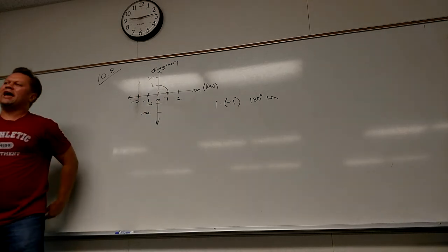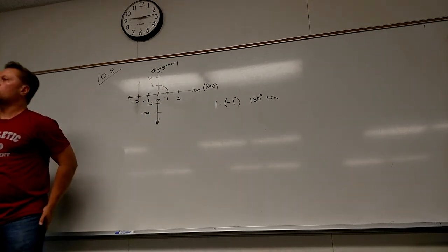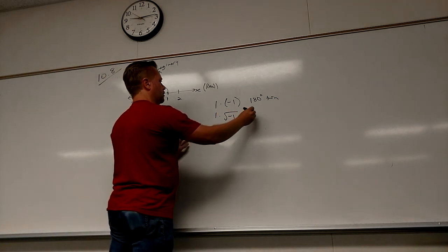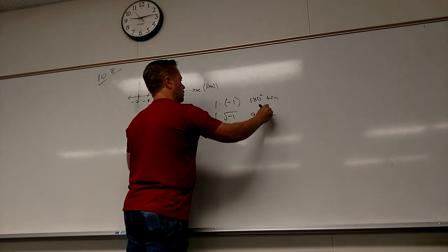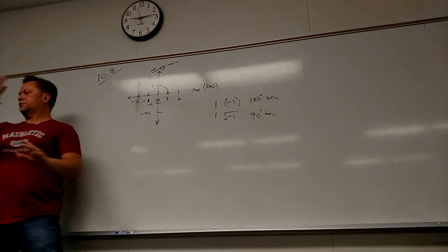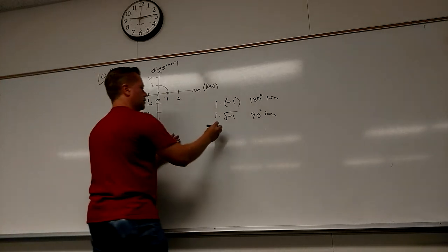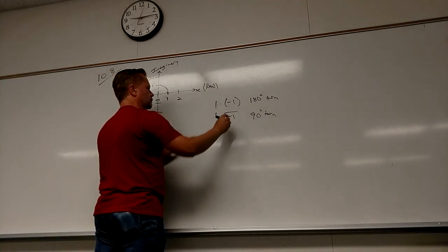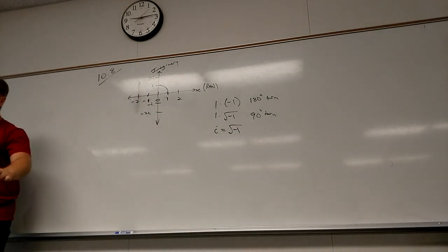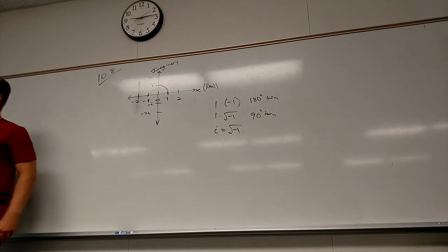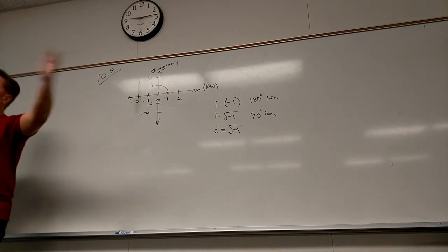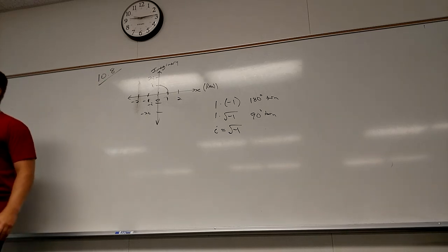Well, then I got to multiply by half of -1, the square root of -1. 1 times the square root of -1 would be a 90-degree turn. And see how I already used the little letter i? That's the letter we use because, of course, they're called imaginary, unfortunately. So we define the square root of -1 to be i. That's a definition. It's not something you can work out. Just like we define pi to be 3.14159, blah, blah, blah.